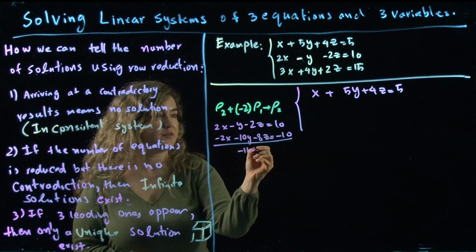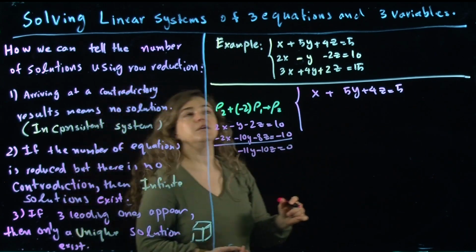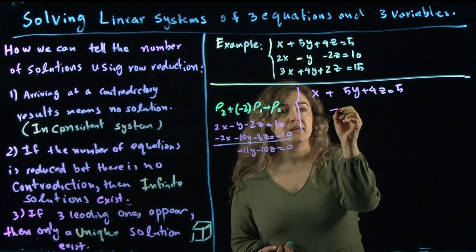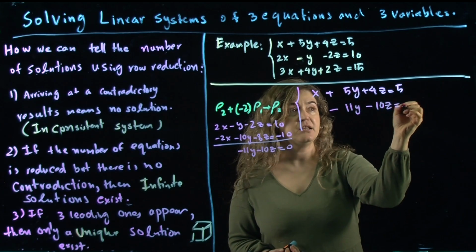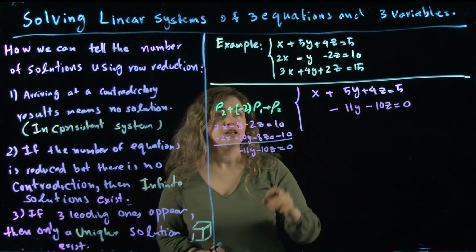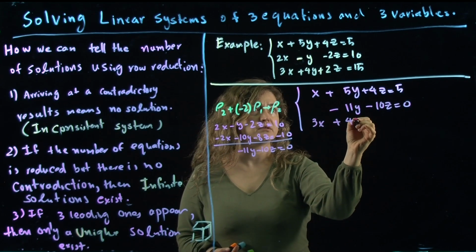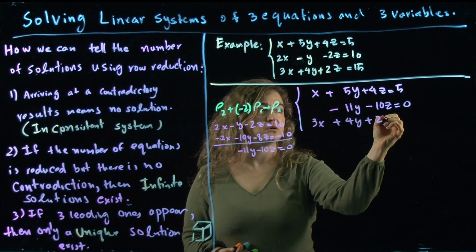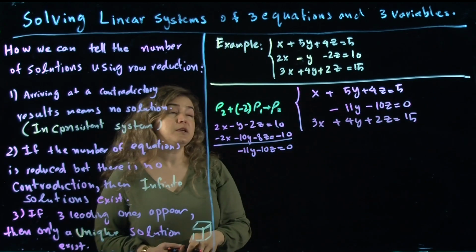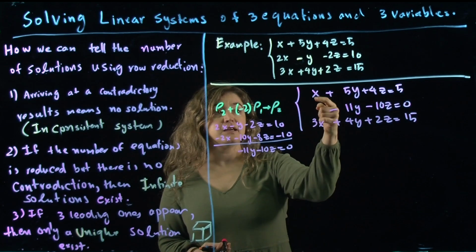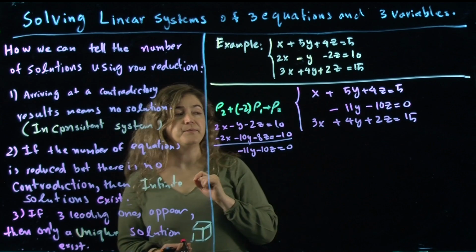This becomes negative 11y, negative 10z equal to 0. So row 2 becomes negative 11y minus 10z equal to 0. Row 3 does not change. So we eliminated x in the row following the row with the leading 1.